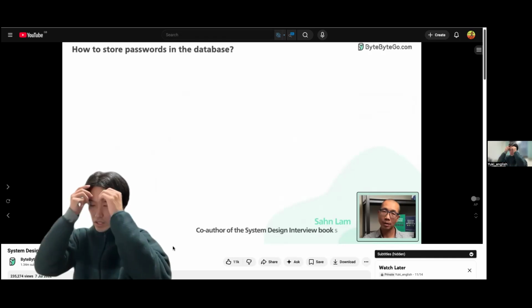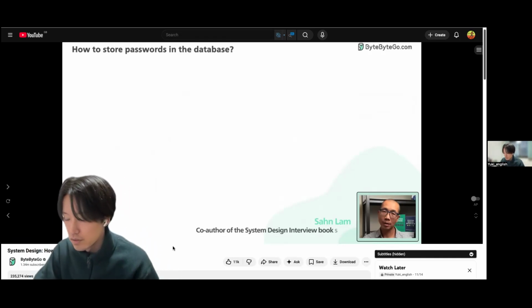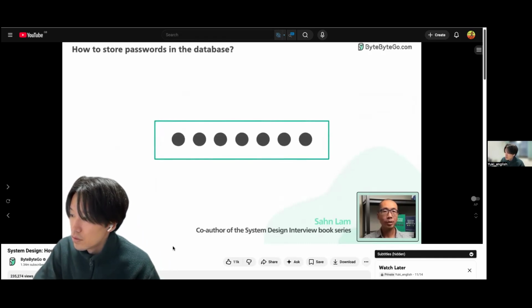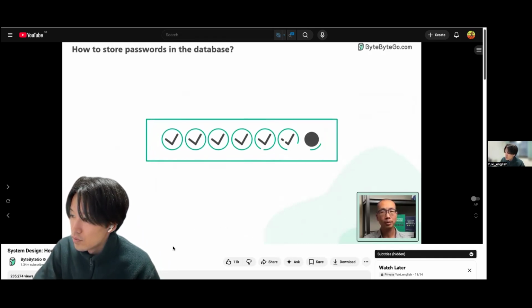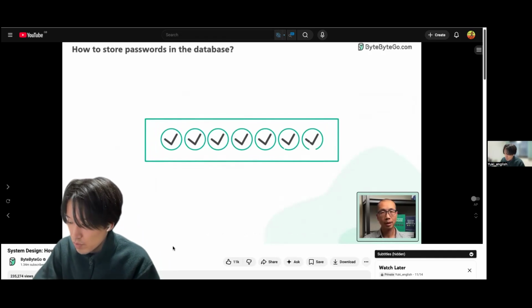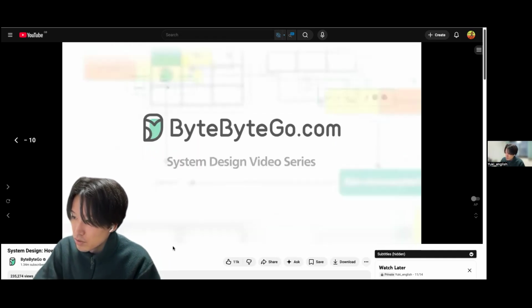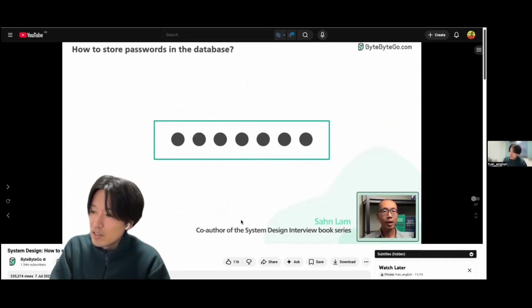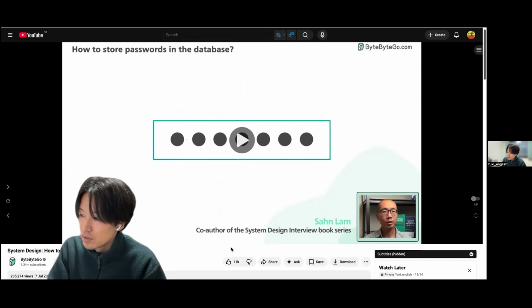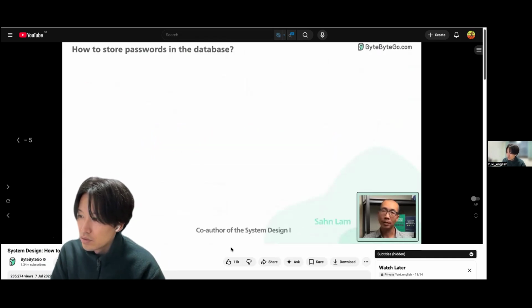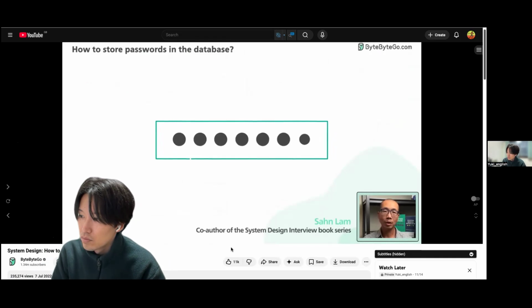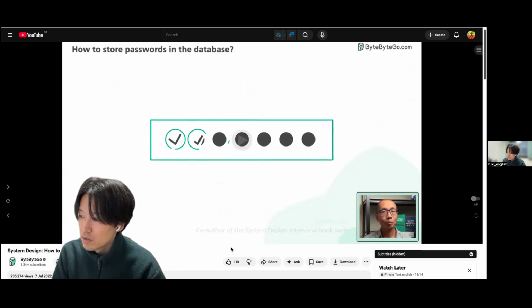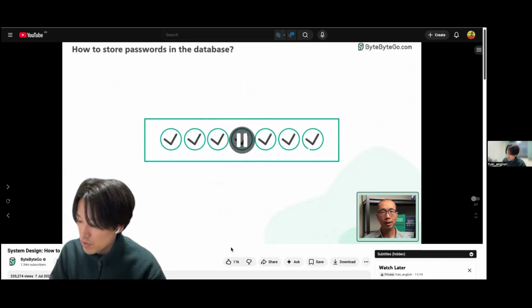Makes sense. I can comprehend. How do we validate a password a user enters against what we store in the database? How do we validate a password a user enters, against what we store in the database?